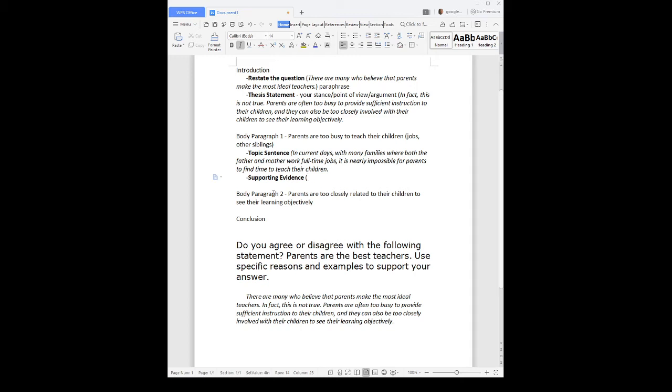But preferably, we want concrete, solid, real examples from our lives that we can recall, because this is an independent response, so we don't have anything to work from but our own brains. So we're thinking about families where both the father and mother work full-time jobs. Okay, so again, it doesn't need to be real. It needs to be believable.